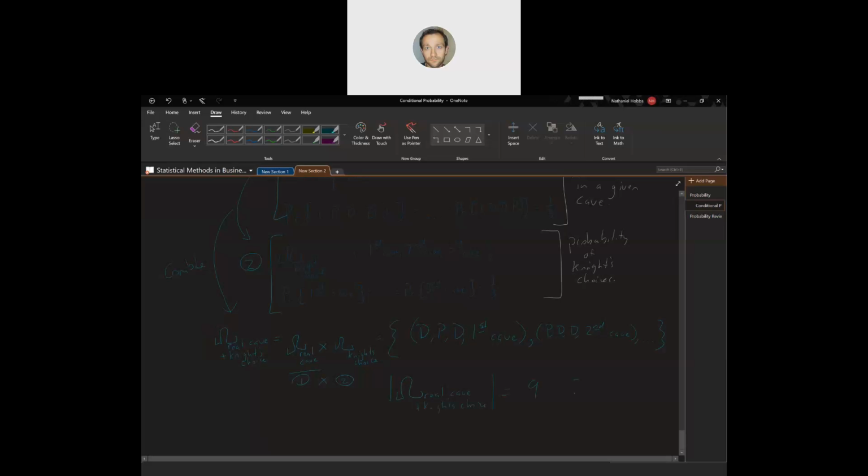And this is 3 times 3, where this is the size of the real cave, and this is the size of the knight's choice. Excellent. All right. Thank you, Ishan.